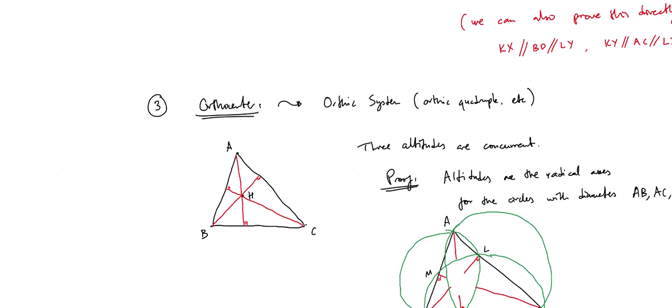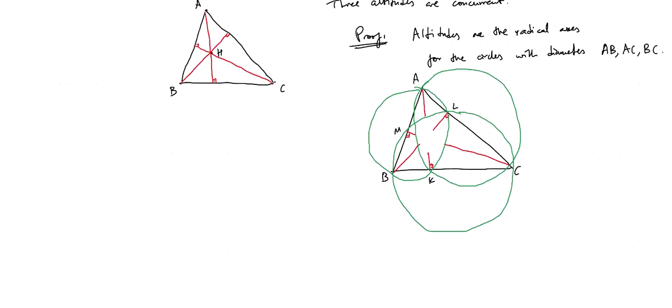What you see is A is the orthocenter of HBC, and B is the orthocenter of HAC, and C is the orthocenter of HAB. It's not only that H is the orthocenter of ABC. Any one of these points is the orthocenter of the other 3 points. So none of the points is special. In some sense, this gives us a structure with permutation symmetry, sort of. And this is very useful in many cases to think about this, okay?